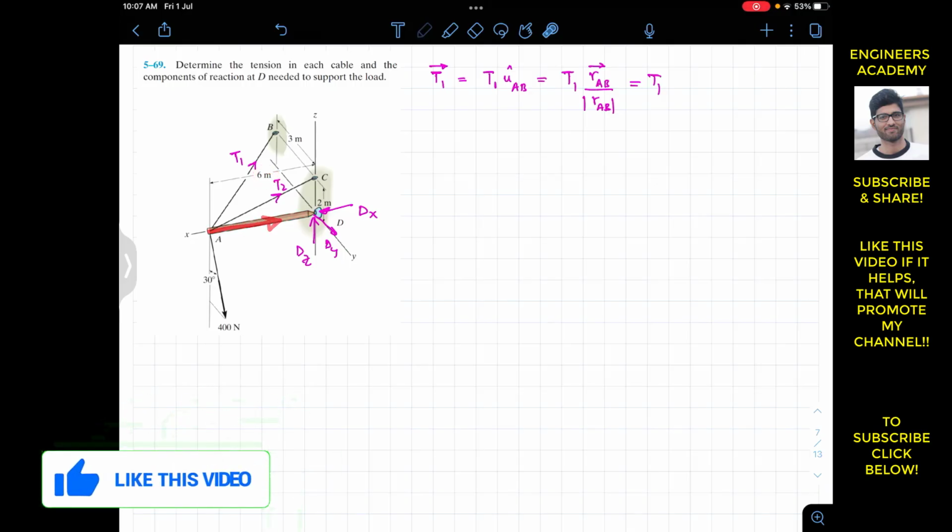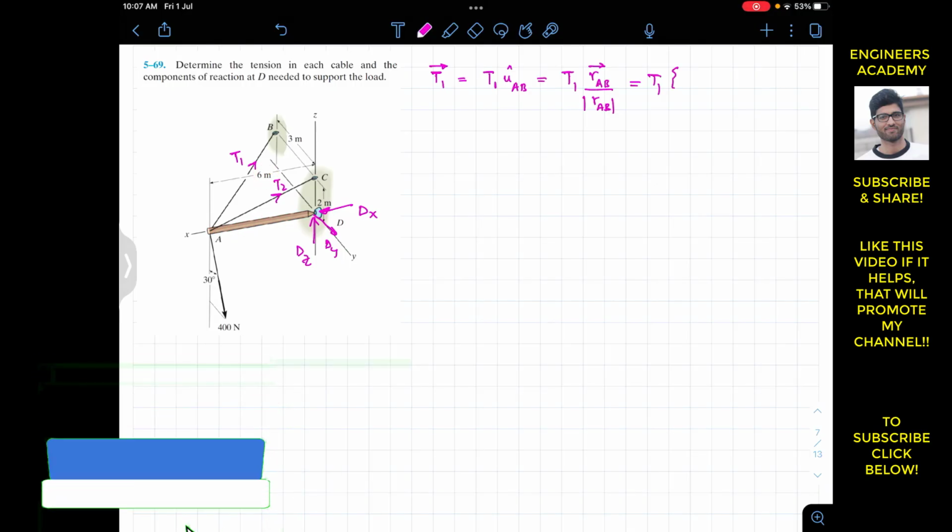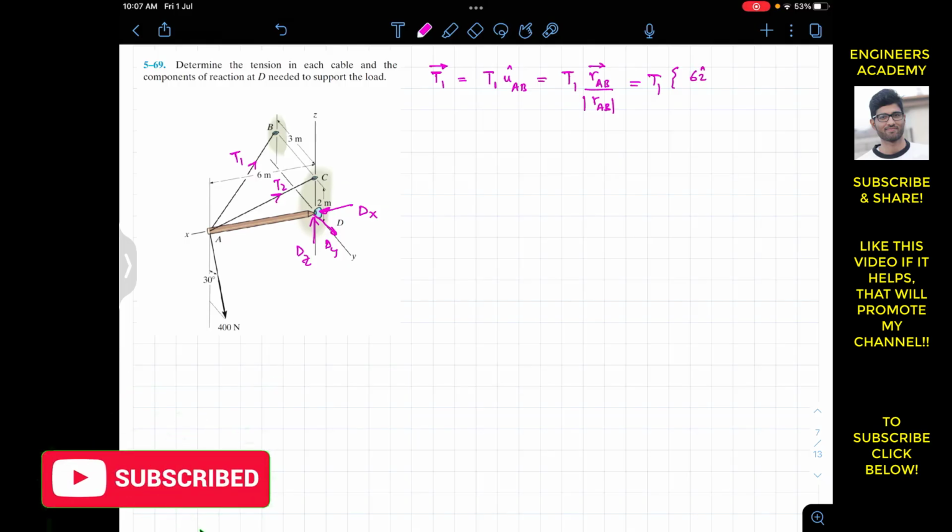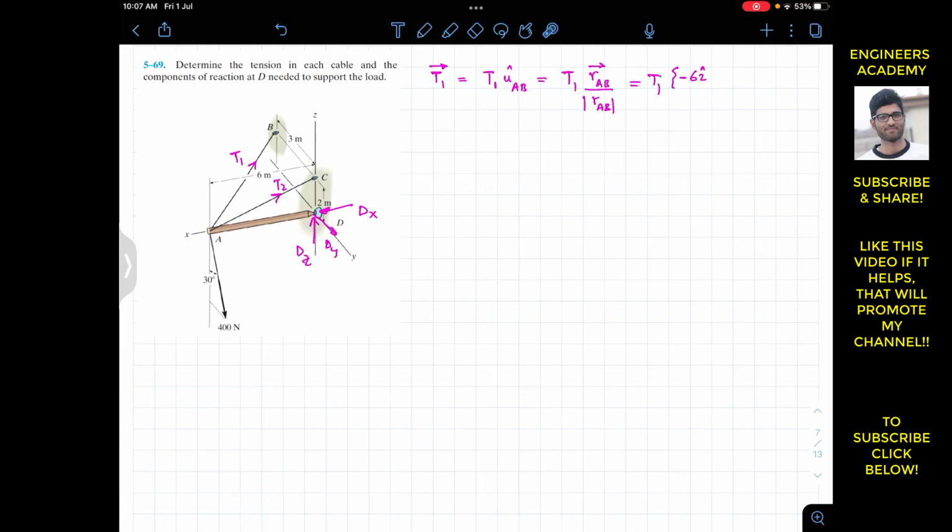So we will write 6 meters in the negative i. Then from this point we need to travel this distance, which is 3 meters in the negative y. This is positive y, so I will write minus 3j. And then once we reach here, we need to travel this distance in the positive z, which is 2 meters. So this is plus 2k.